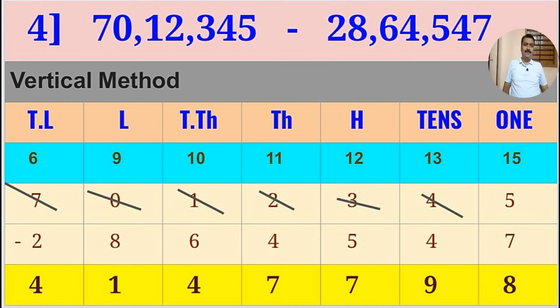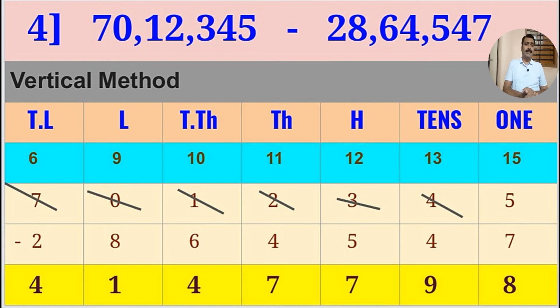Now after reading this example, we move towards the vertical method. In the vertical method here I am using a total of 7 columns. Both numbers given here are 7-digit, so we use 7 columns: ones, tens, hundreds, thousands, 10,000s, lakh, and 10 lakh.